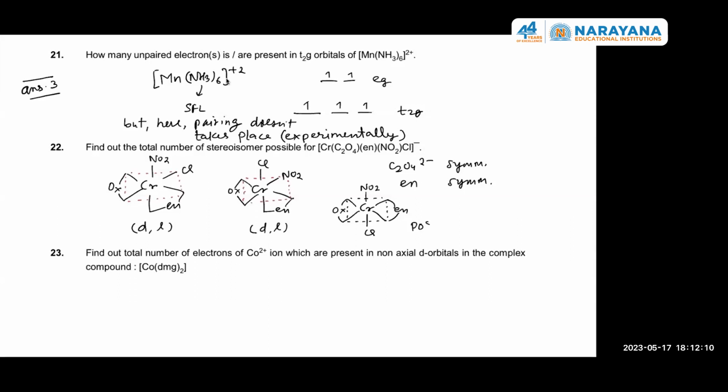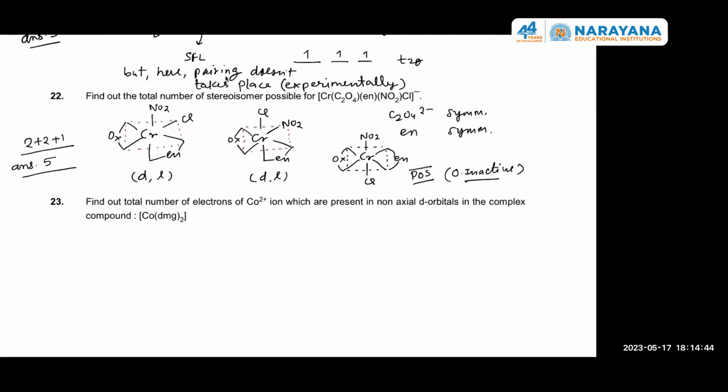Okay, so you can prove the plane of symmetry over here, right? So this will be an optically inactive case. So there are three possible geometries. One geometry is optically inactive, two are optically active. So we are getting 2 plus 2 plus 1. Total answer is 5. Okay, so the correct answer is 5.